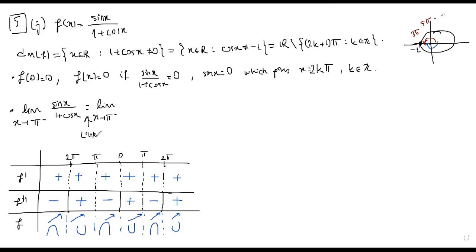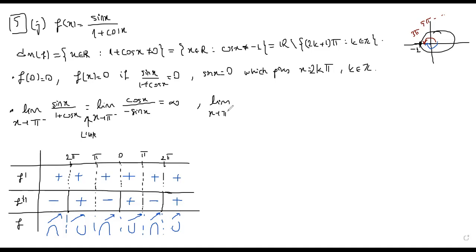We can apply L'Hopital's rule. In the numerator, we have cosine x if we take the derivative of that, and in the denominator we have minus sine x. So we have minus cotangent there. Recall the graph of cotangent, it will be infinity.